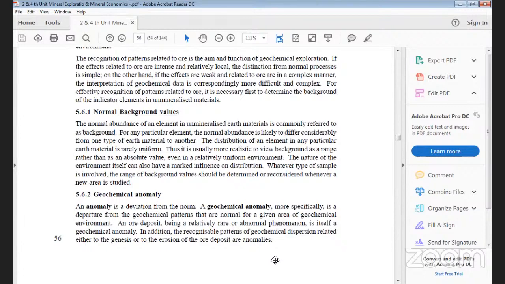Then again, we have to talk about geochemical dispersions. Geochemical dispersion means how, from the deposit area, the trend shows from that location to the other areas. As per that, we can say the dispersion is related either to the genesis or to the erosion of the ore deposit anomaly.